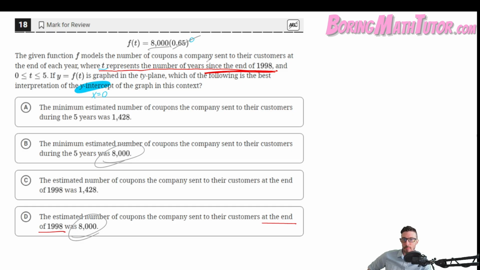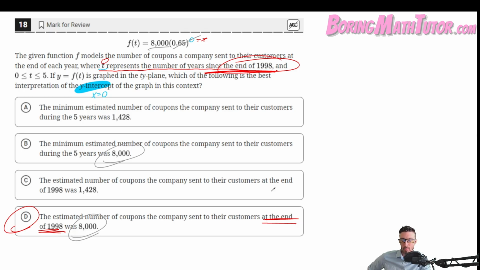But wait a second. If T was equal to 0, if we were 0 years since the end of 1998, then when are we? We're at the end of 1998. So yes, that is definitely the one you're going to want to have in your answer choices. That phrase needs to be in there: at the end of 1998.